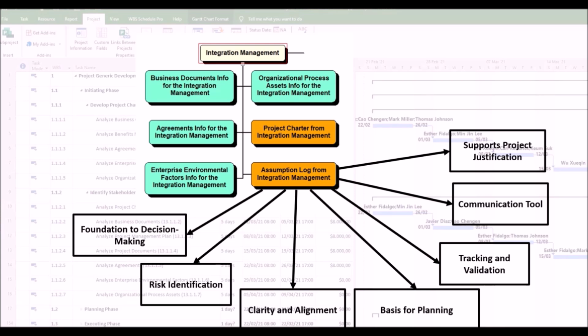7. Supports project justification. During initiation, assumptions help justify the project's business case and charter. They provide context for why the project is being undertaken and what conditions are expected to hold true. In conclusion, obtaining the assumption log involves identifying, documenting, validating, and integrating assumptions and constraints into the project management process.